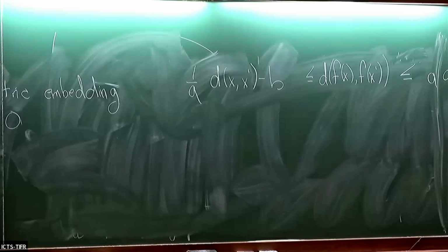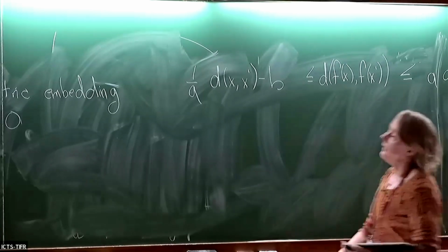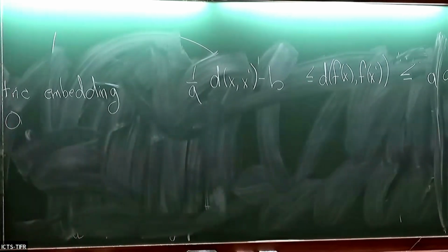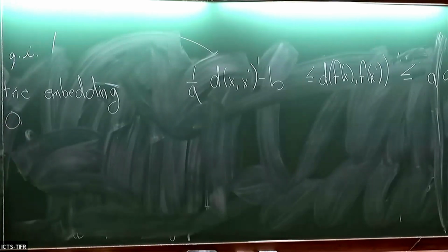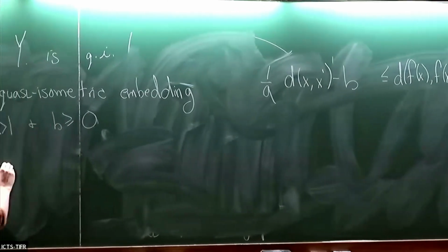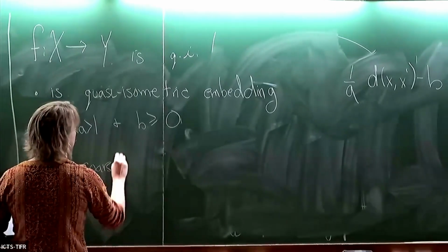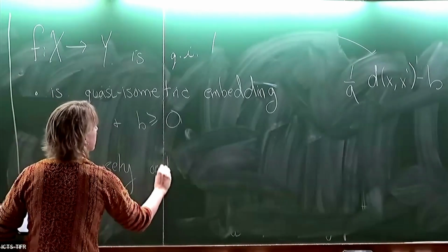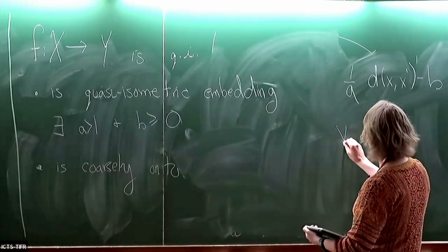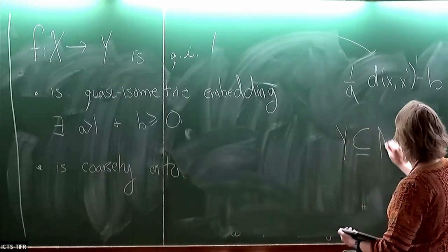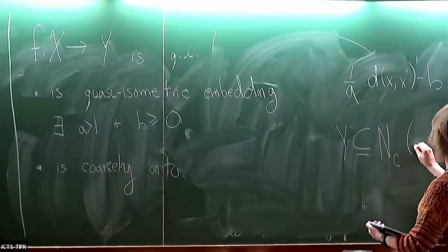So this is a quasi-isometric embedding. And then we say it's a QI if it's both a quasi-isometric embedding and also is coarsely onto. This just means that Y is contained in a C-neighborhood of the image of X.